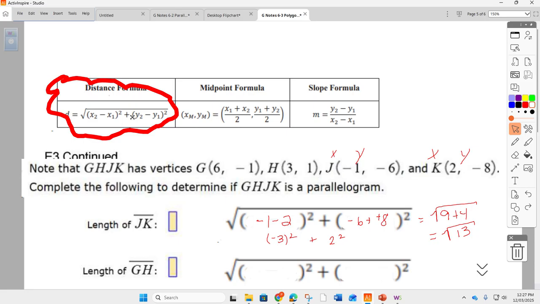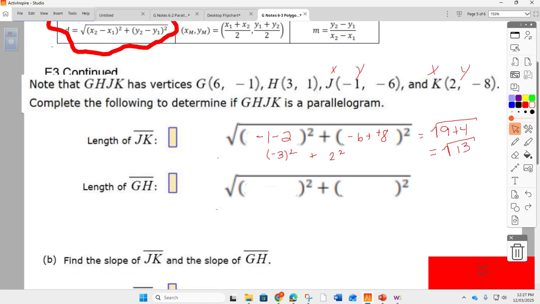Right? Very good. So x and y, x and y. So 6 and 3, so 6 minus 3, all squared, plus, and now what are we going to put in the y's?